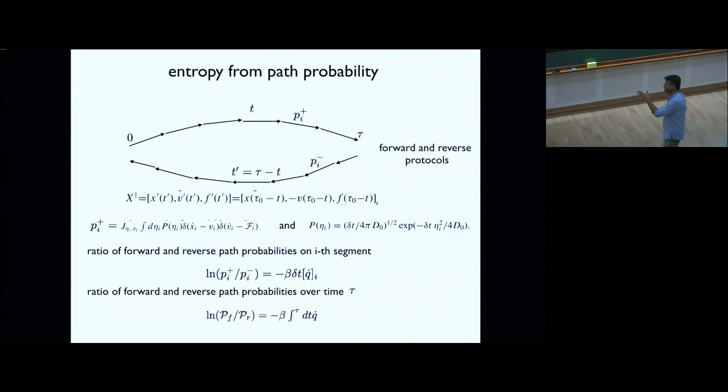Then for the whole trajectory, you multiply the whole thing, so that will be written as an integral over the whole time evolution, τ dt times Q̇, where again Q̇ is really the heat production, the heat absorption, as we have seen from the first law.